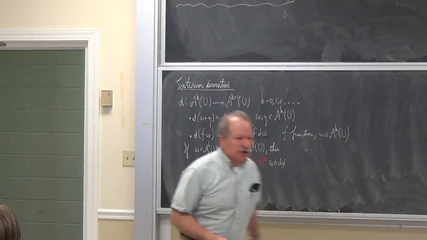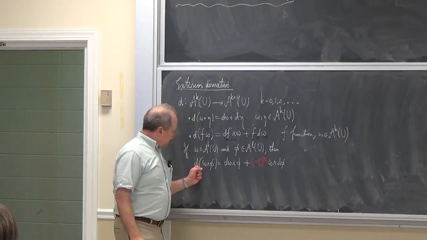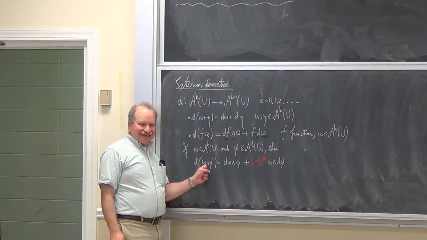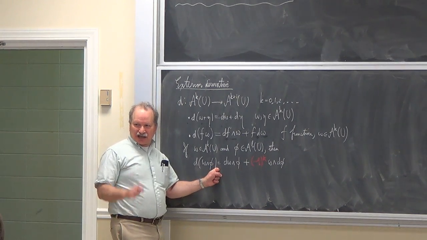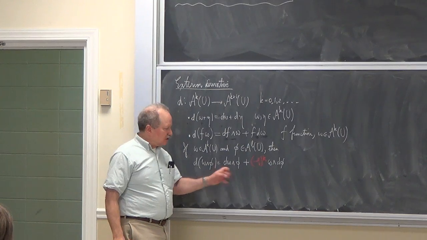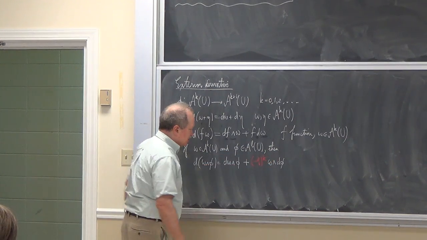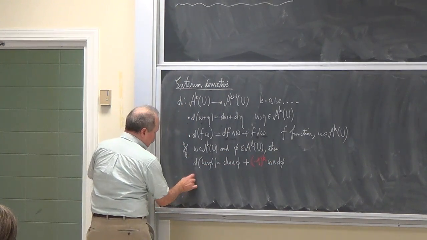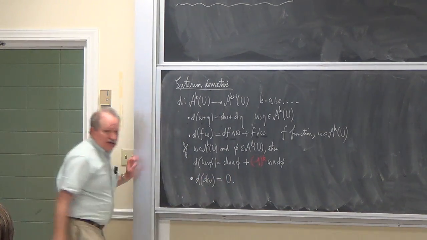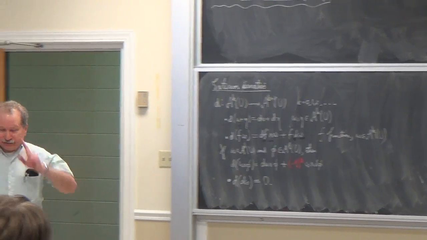The way I like to remember this is that to move the d across the omega to get it to the phi is like having to do a switch, so the minus 1 to the k shows up. There's no L, but there's a minus 1 to the k that shows up. And then the last rule that we had was that if you take d of d omega, you always get 0.